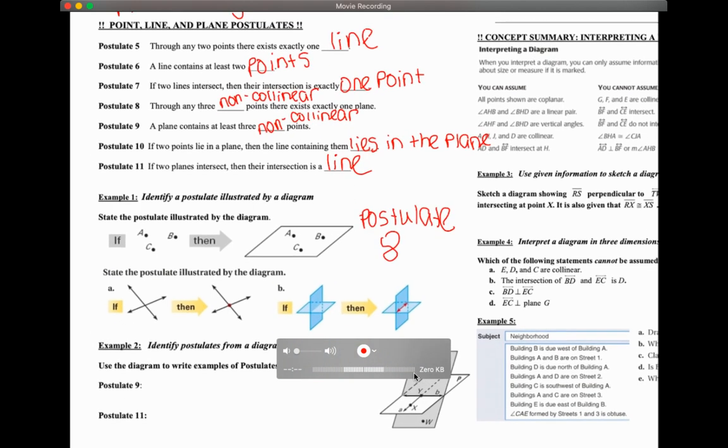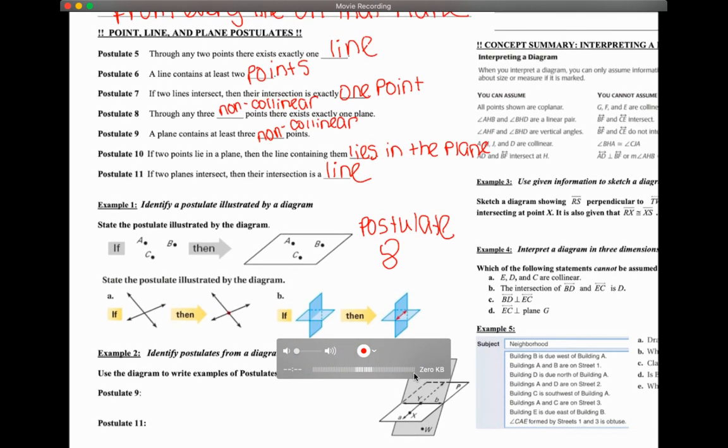Okay, part A on this next section. It shows 2 lines intersecting and then it shows they intersect in 1 point, so that would have to be postulate 7. Then it shows 2 planes intersecting and it looks like they intersect in a line. So that's postulate number 11.